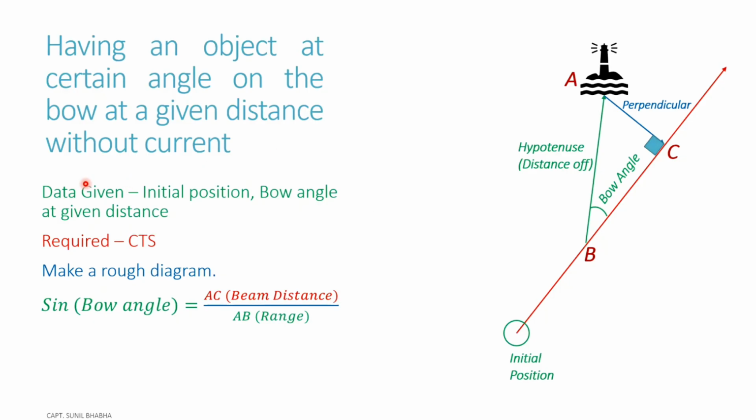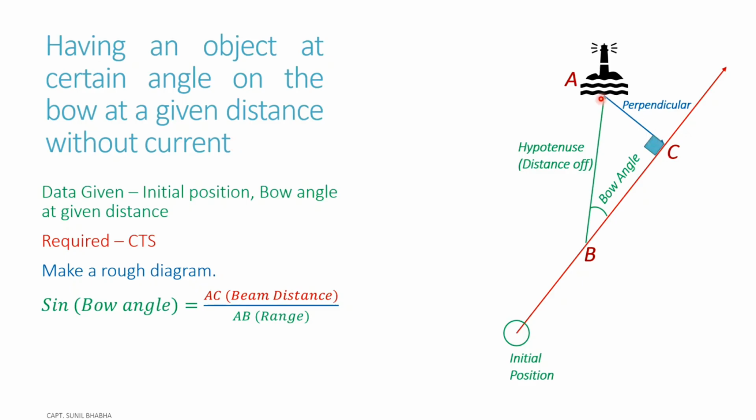In these questions, as you see, it is specifically mentioned that there is no current which is given. These questions are given to us without any current. So since there is no current, our CTS and CMG are going to be the same.